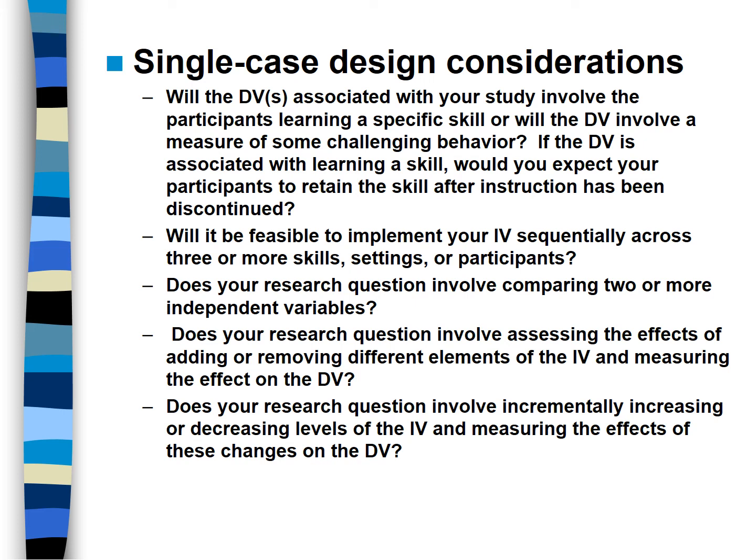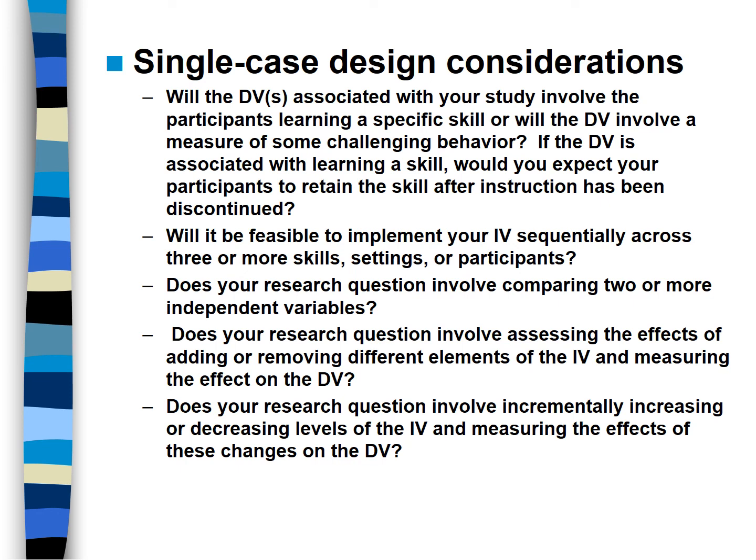The next question is, does your research question involve assessing the effects of adding or removing different elements of an independent variable and measuring the effect? Well, that would be a component analysis. Or does your research question involve incrementally increasing or decreasing levels of an independent variable and measuring the effects of changes in the dependent variable?